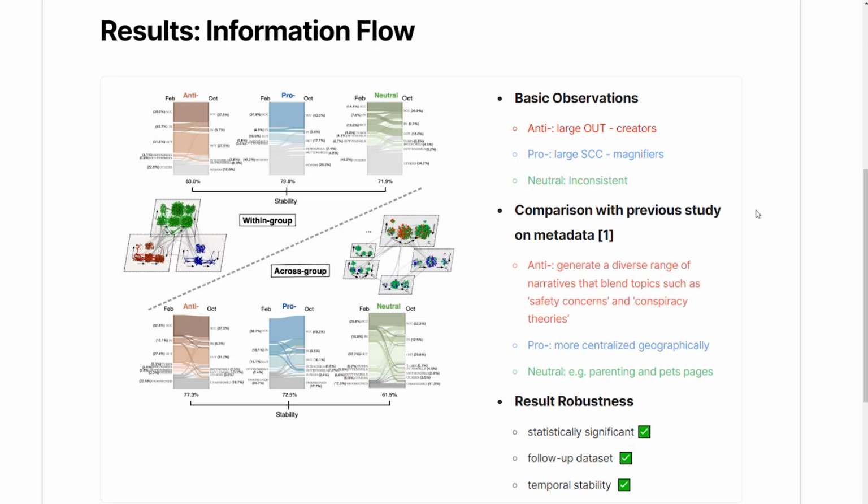On the other hand, it is very interesting that they found pro pages are more centralized geographically. And the neutral pages are mostly about parenting and pets, and that's probably why vaccination views is not their main focus. That's why the bow tie structure is not that informative there.